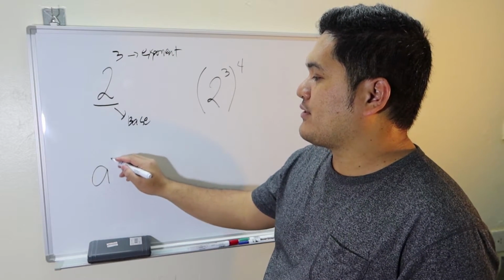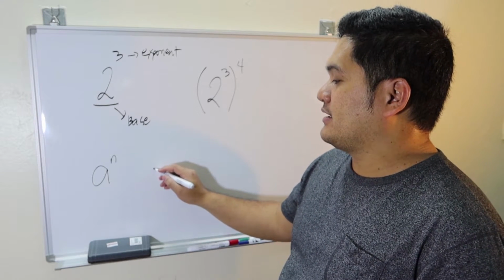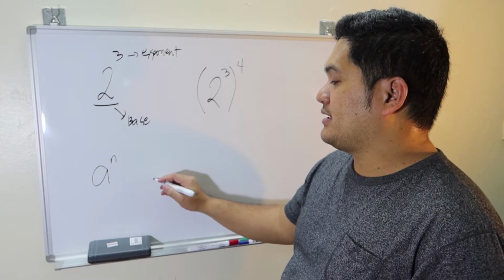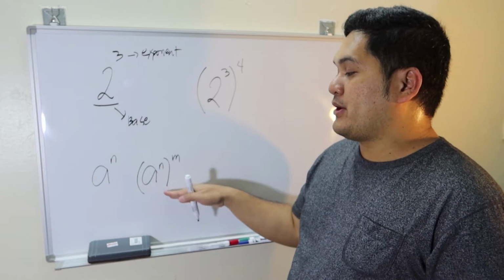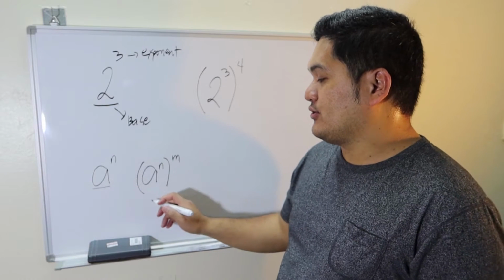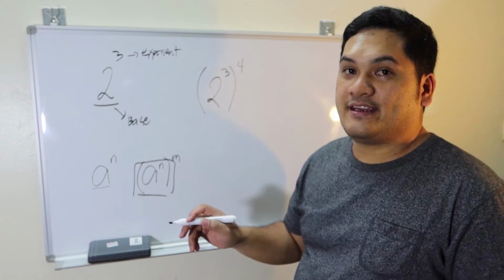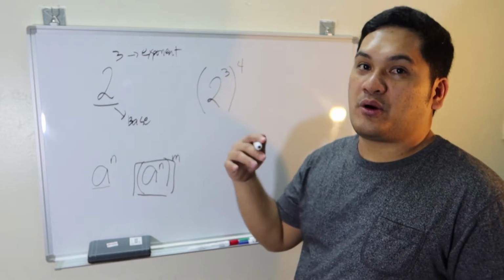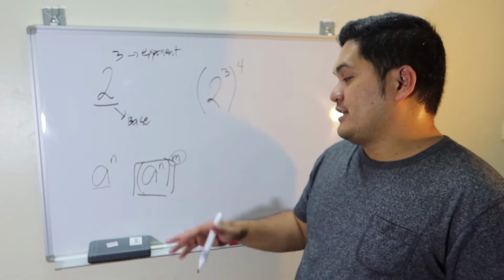So, di ba? For example, parang ganito lang siya. Kung meron kang a raised to n, tapos ngayon, ang nangyari, meron ka na namang a raised to n over m. So, ang base natin ngayon is a raised to n. Kasi nire-raise na natin siya into power of m. Ang exponent natin, ito na, itong m.